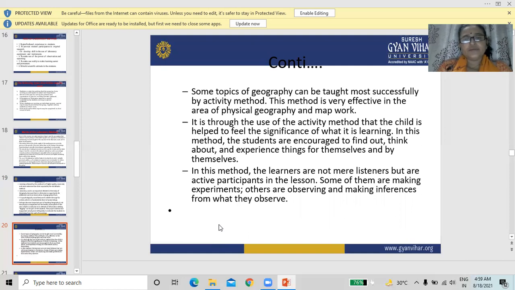In this method, the learners are not mere listeners but are active participants in the lesson.